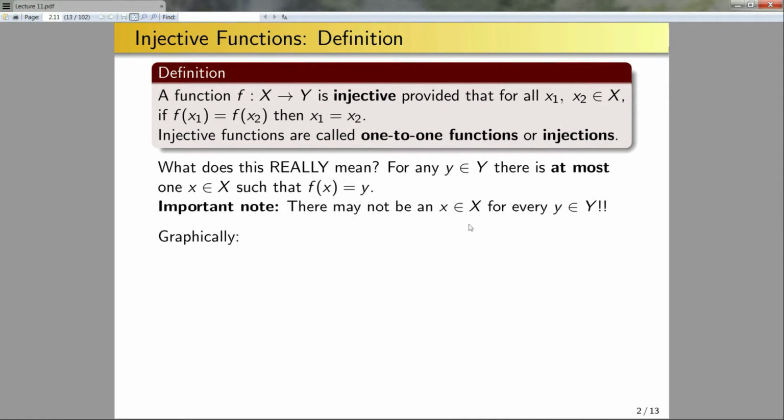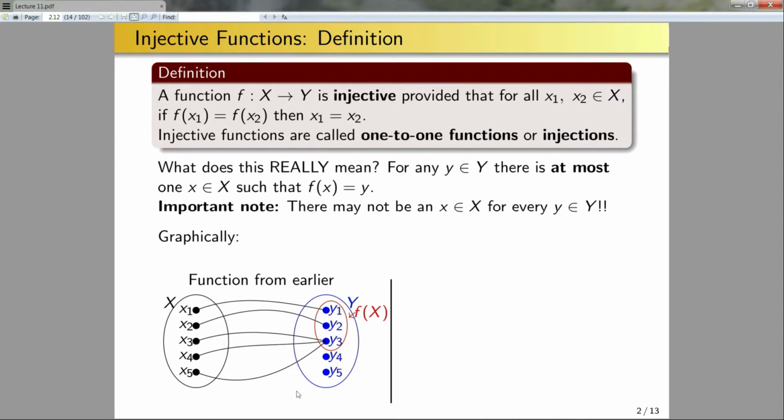Graphically, let's bring back our friend the function from last lecture. Here I have the domain X, the codomain Y, and the range of the function f of X. This function is not injective. Why? Because for this value y3, I have 3 values in the set X that map to it.